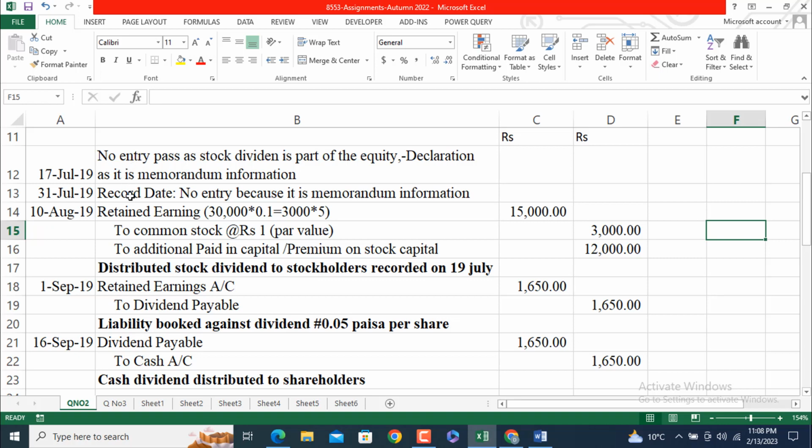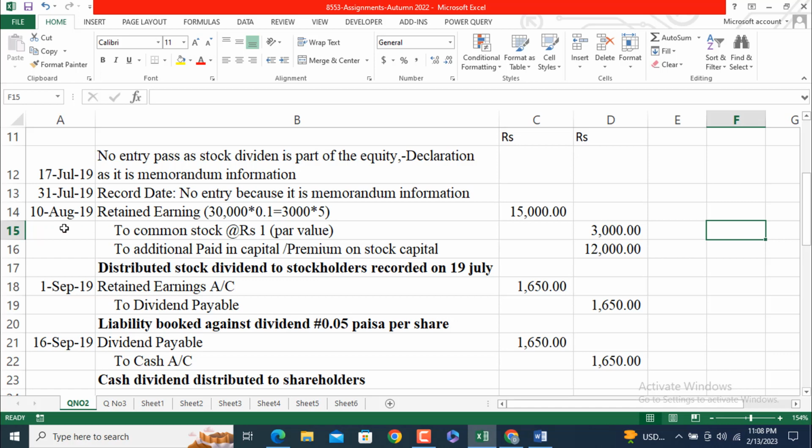So we have just ignored this date here because, as per the rule, these two dates are just for memorandum information. But the date on which we are going to distribute the stock dividend is important. On that date we are going to record the transaction or pass the journal entry.